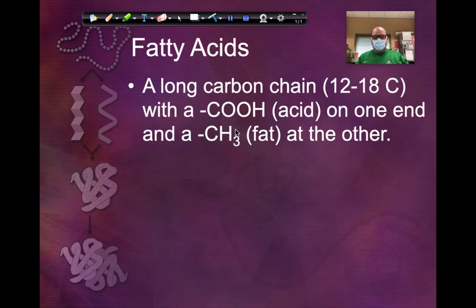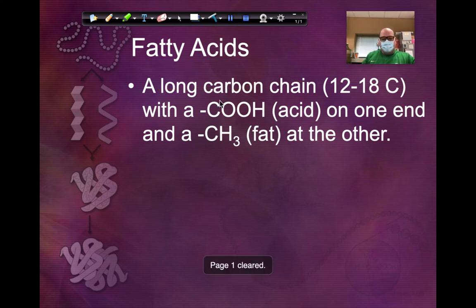Okay, so if you're taking notes with me, the most important thing is that fatty acids are a long carbon chain. This is sort of the most essential information. And when I say 12 to 18, that means 12 to 18 carbons long. So if we just took a C, that's going to go on 12 to 18 times.